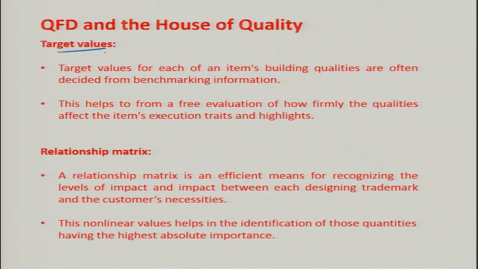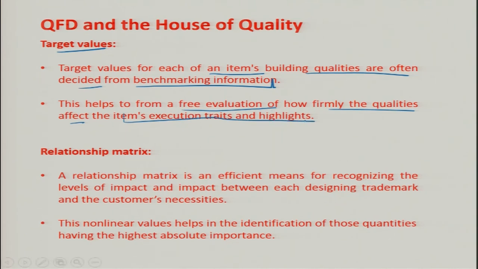Next is target values. Target values for each of an item's engineering qualities are often decided from benchmarking information. Like we had competitors with us, based upon them the target values were decided. This helps to form an independent evaluation of how firmly the qualities affect the item's performance traits and features.